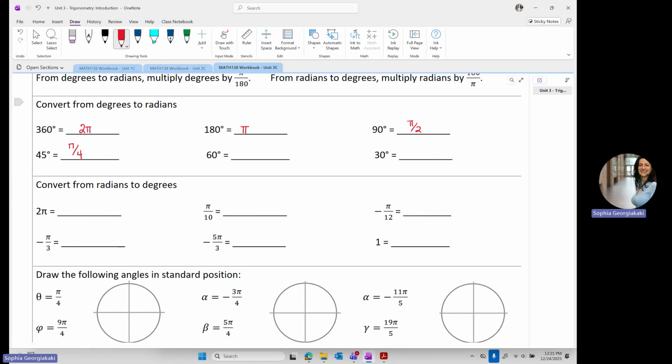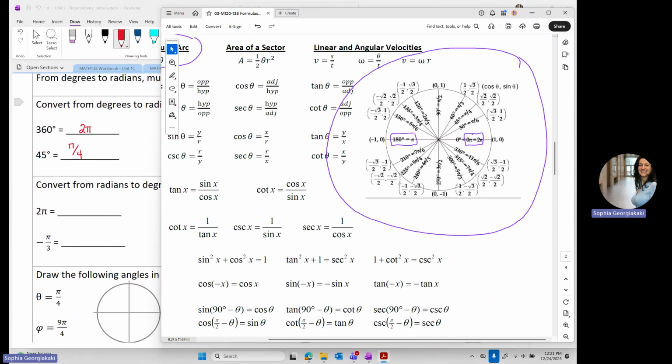60 degrees is 1/3 of 180 degrees, so pi divided by 3. 30 degrees is 1/6 of 180 degrees, so pi divided by 6. And again, I can confirm that because in my formula packet, the 30 degrees, the 45 degrees, the 60 degrees, and the 90 degrees are stated as fractions of pi, pi being 180 degrees.